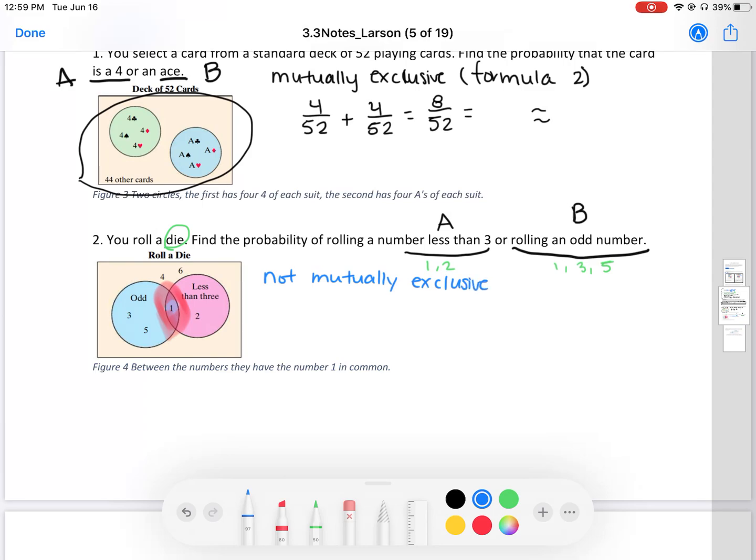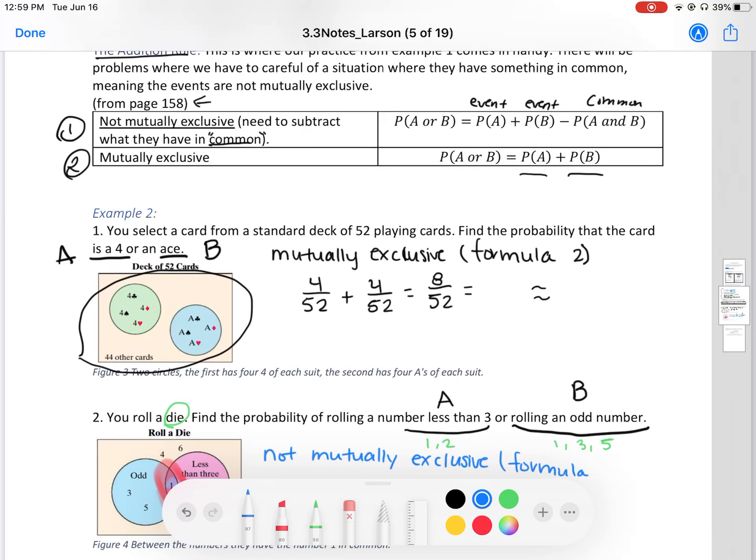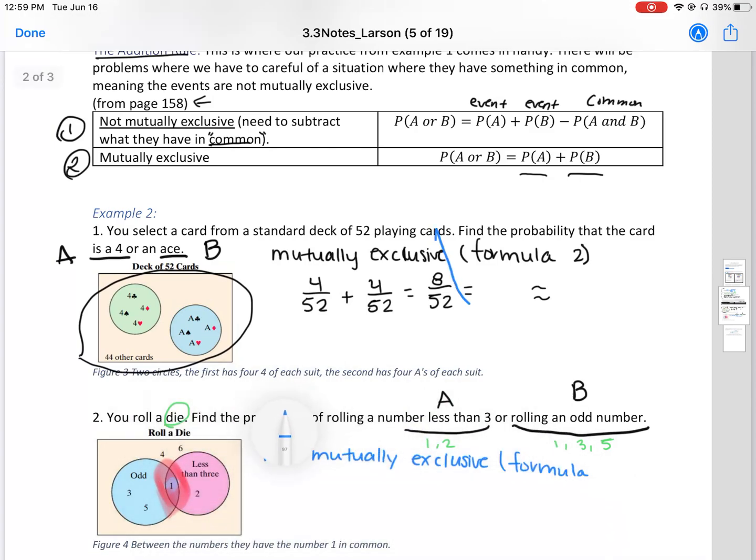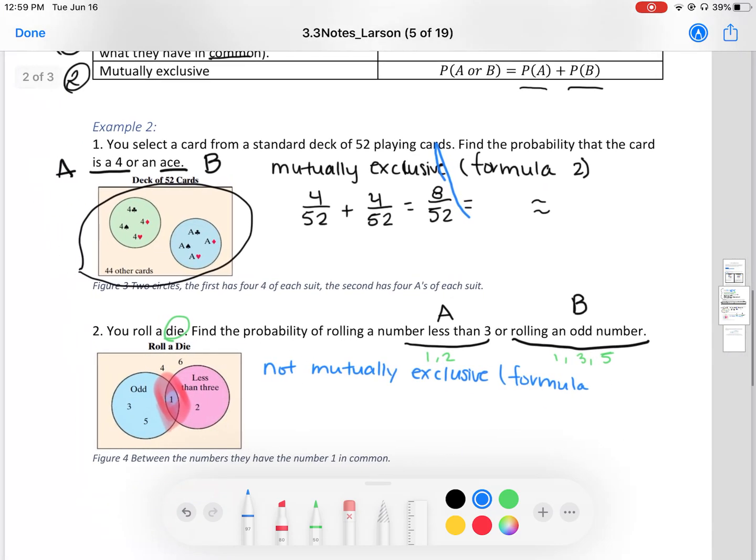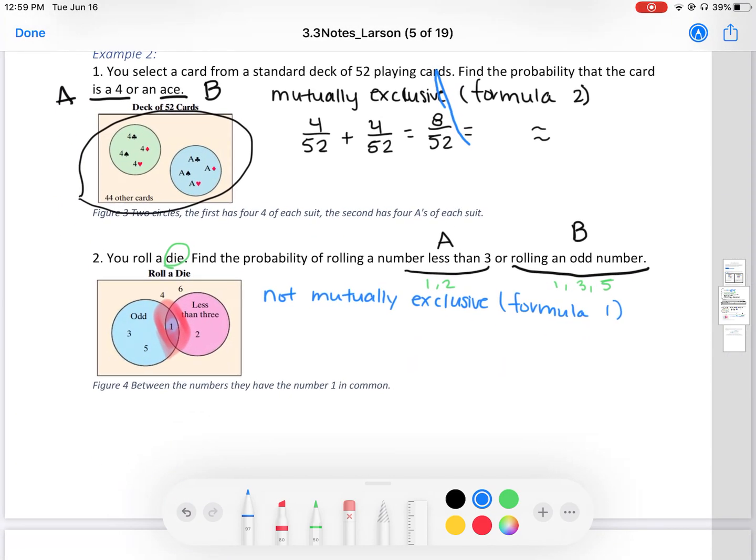Okay, when it's not mutually exclusive, which formula should we use? Well, we see above, when they're not mutually exclusive, we want formula 1. So meaning we have to take the probability of A, add the probability of B, and then subtract the probability that they have in common.